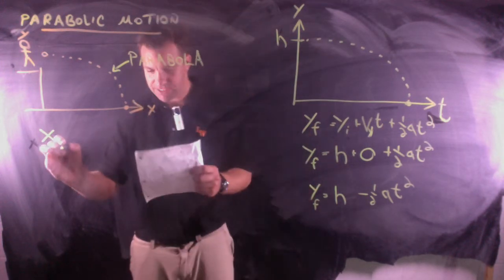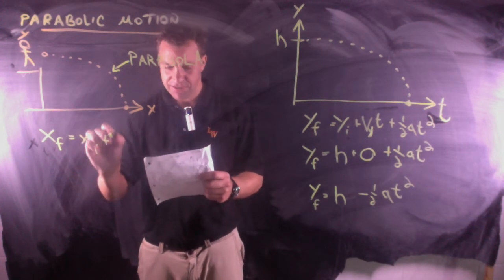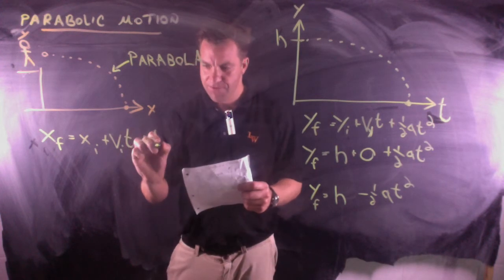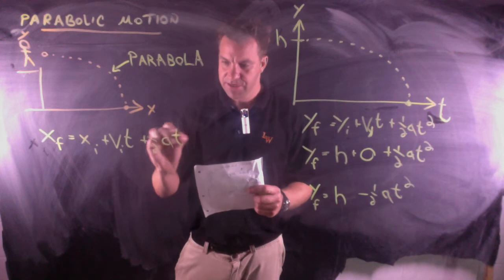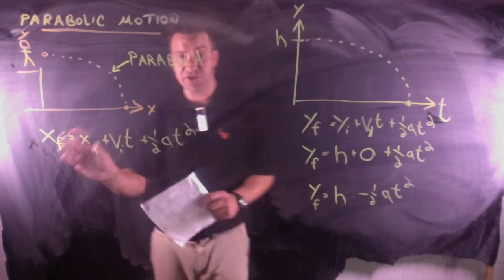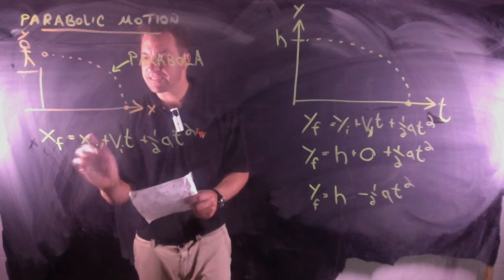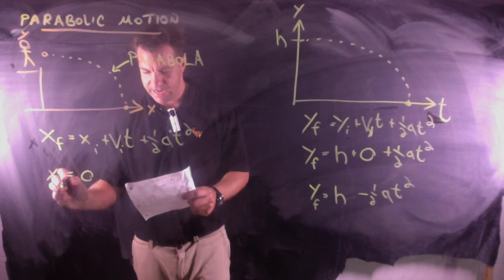So here, x final equals x initial plus v initial times t plus 1/2 a sub x t squared. And we can also say that x initial equals 0.